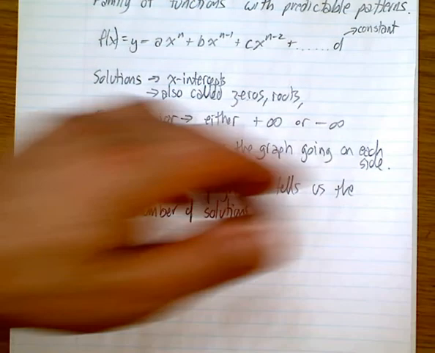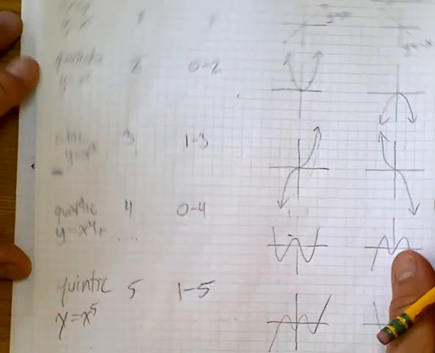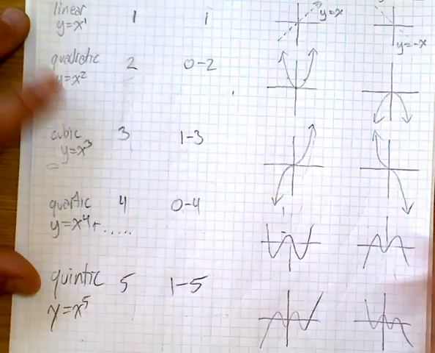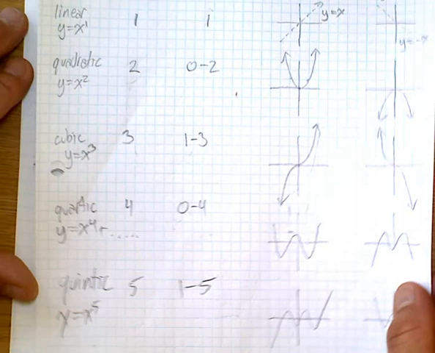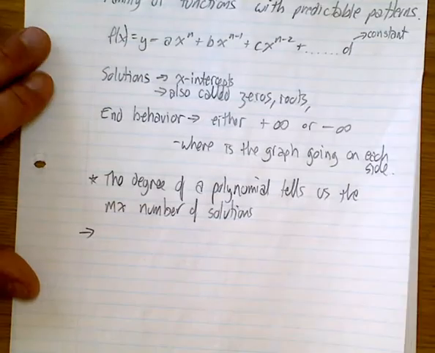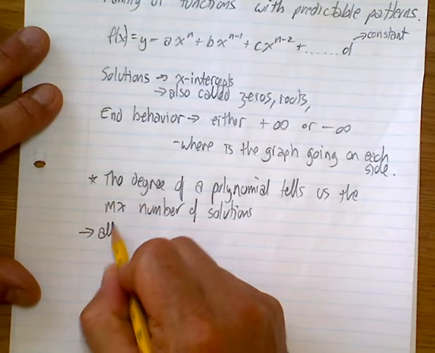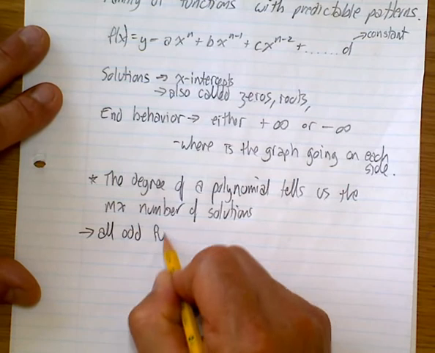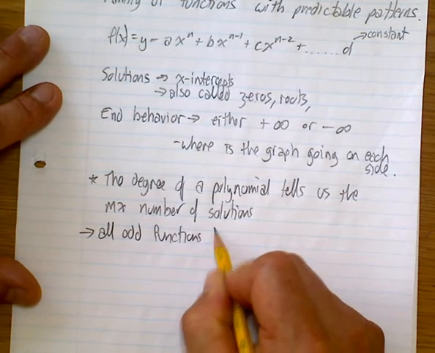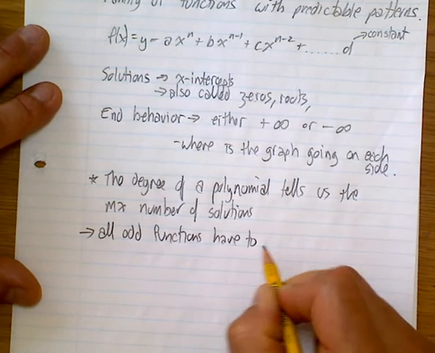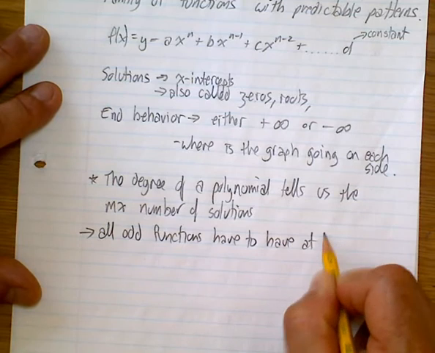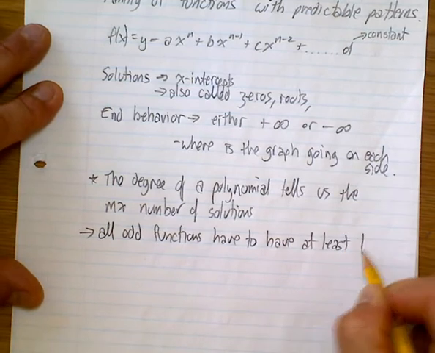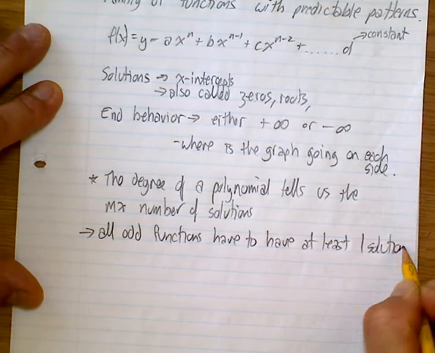Another thing that we can see here is that odd functions always have at least one. Odd functions have to cross at least once, right? All odd functions have to have at least one solution.